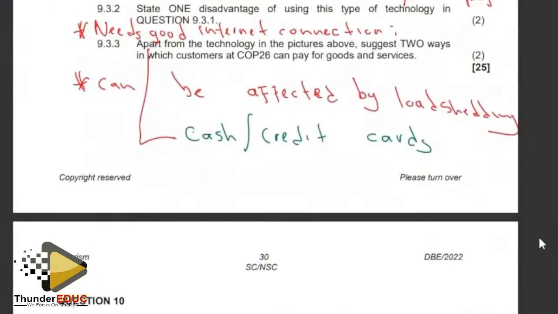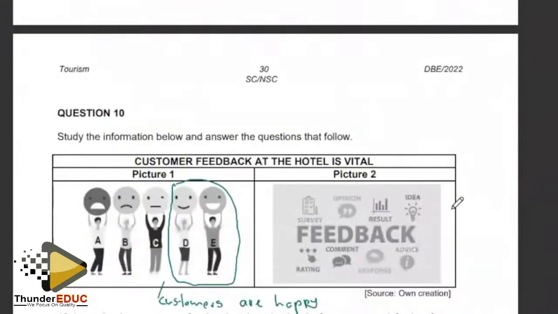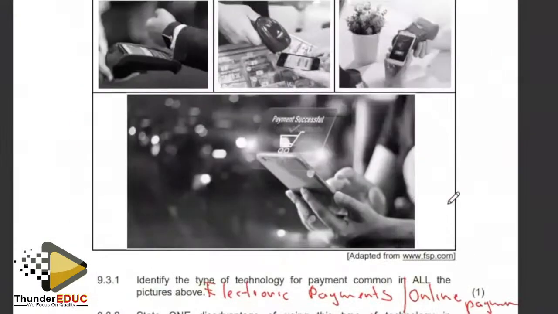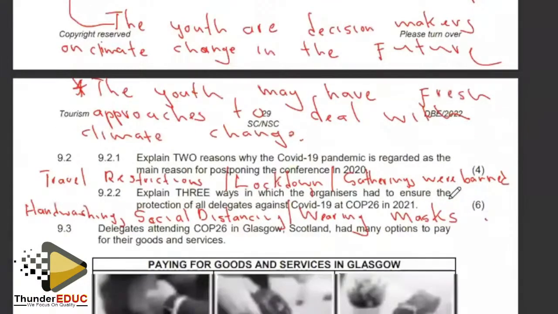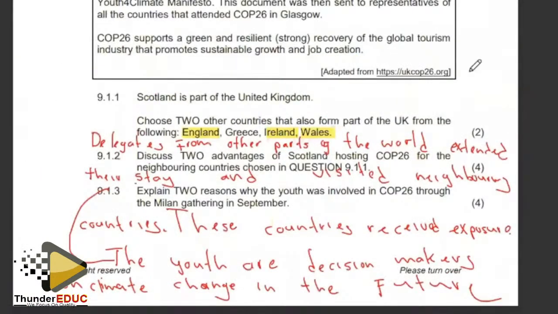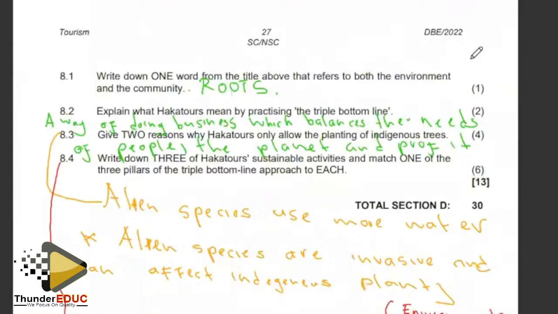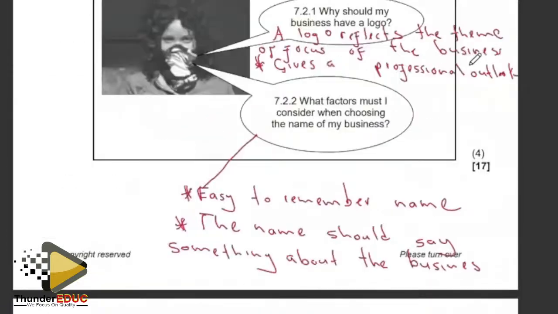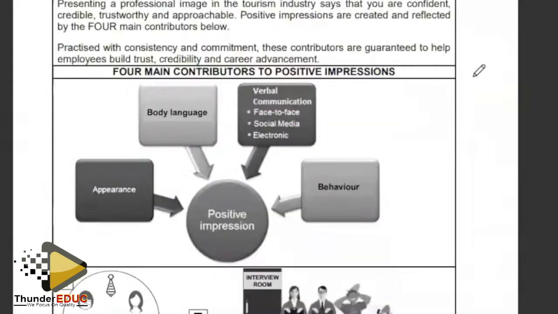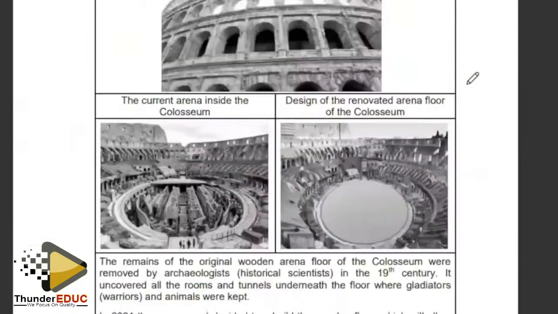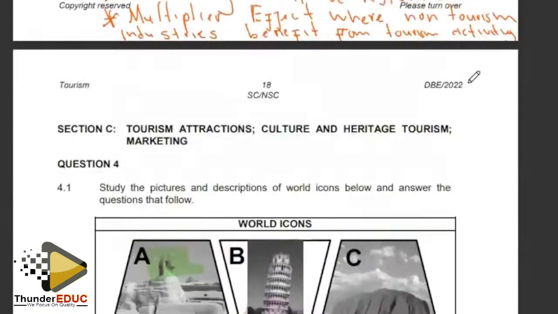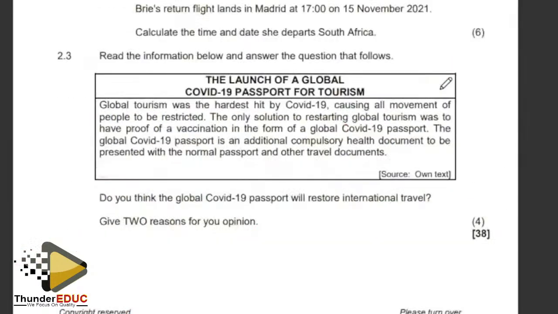So matriculants, we have gone through most of the questions on the paper. Time zones and time zone calculations will be handled another time. But this is how the tourism paper needs to be approached.